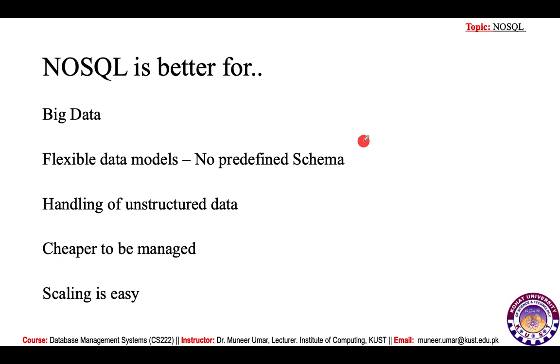So we have already discussed big data in our previous lecture. NoSQL databases are efficient at handling lots of data as compared to relational databases, because in case of NoSQL we don't follow some formalities, while relational databases follow some strict constraints which degrade the performance or the availability of information for users.